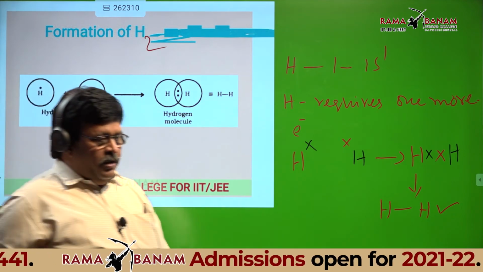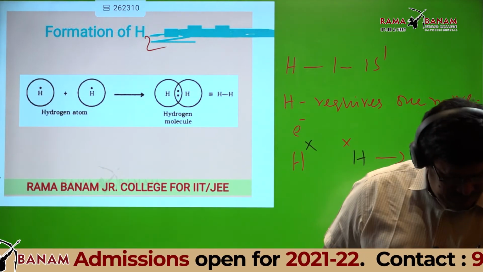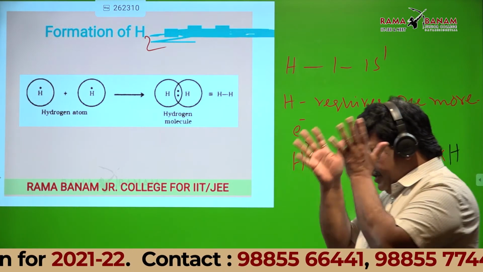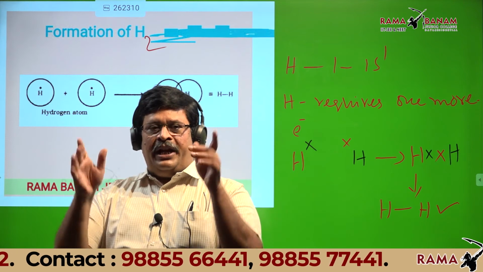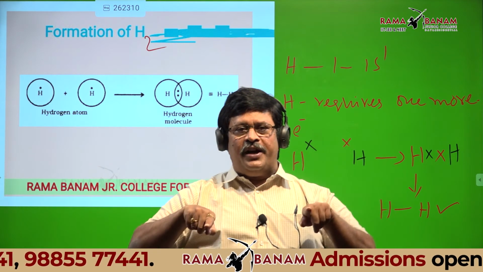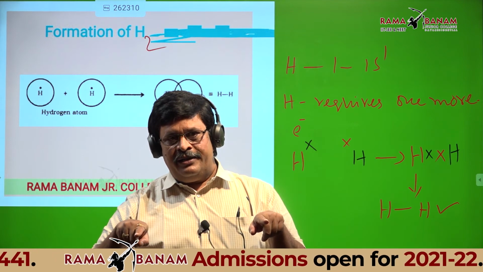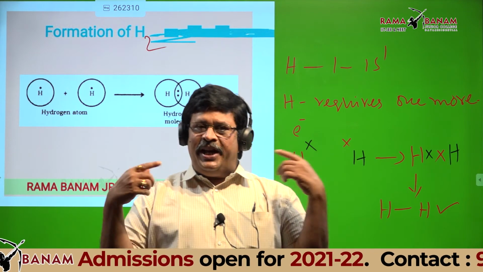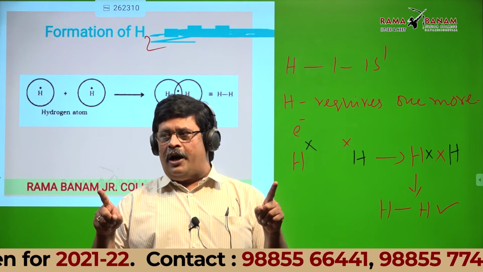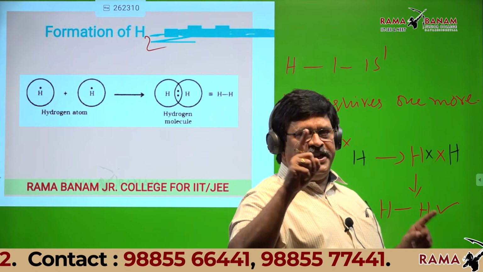One more time, listen to me students. In the hydrogen molecule, there are two hydrogen atoms. Each hydrogen is having one electron and requires one more electron. So here what to do? Two hydrogen atoms contribute one electron each and result in the formation of a single bond. Am I right?